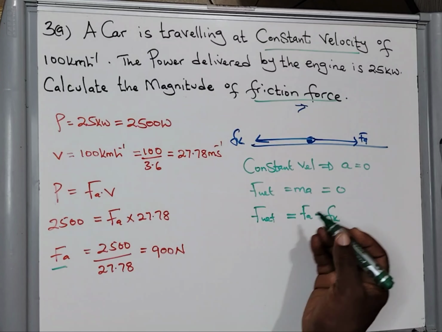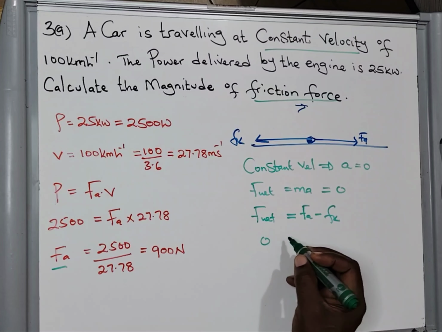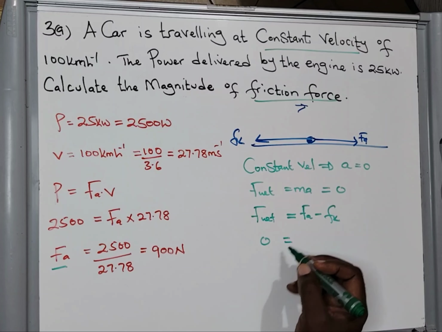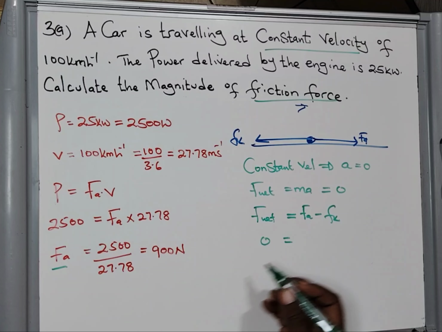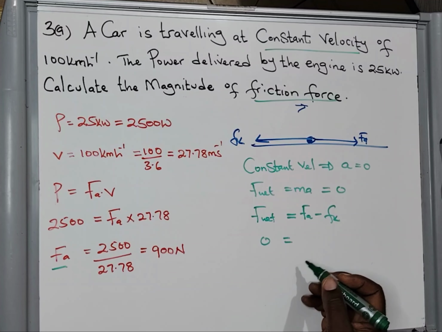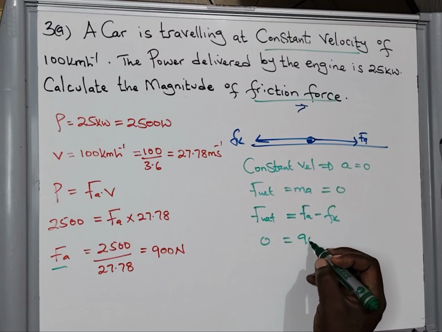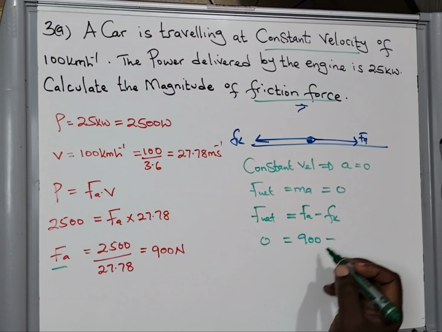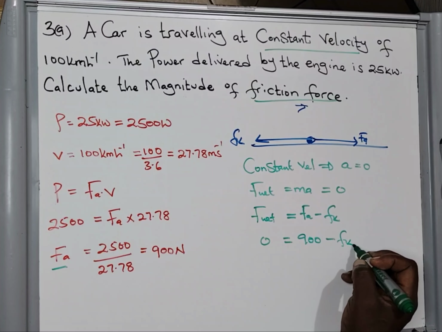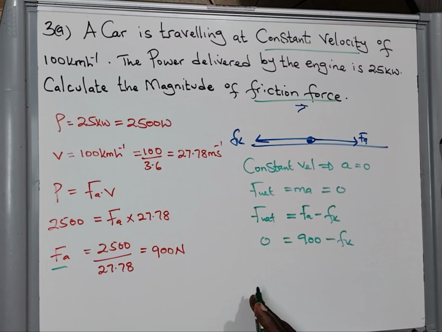So if you substitute, remember F_net is zero, and F_A is known, it's 900. Then F_k is wanted, so we can go ahead and find F_k.